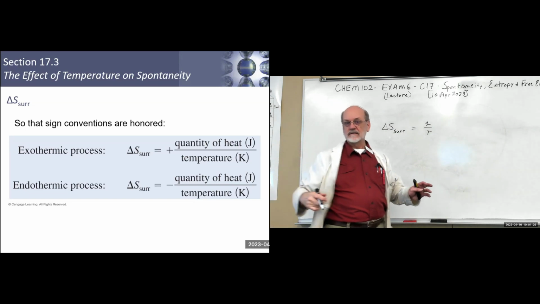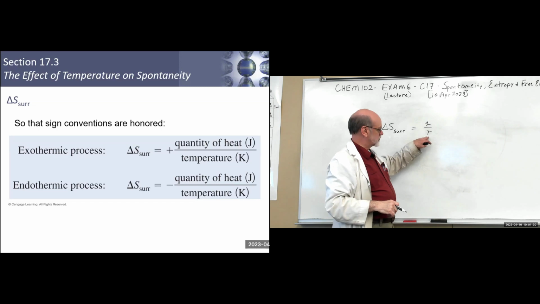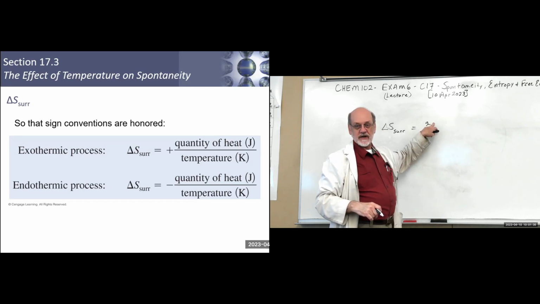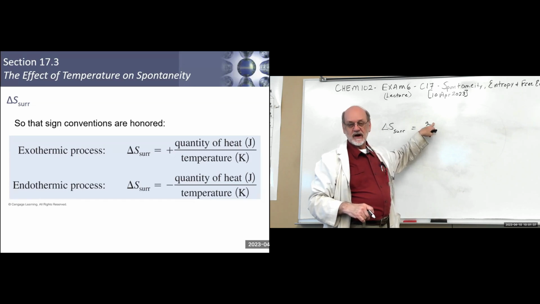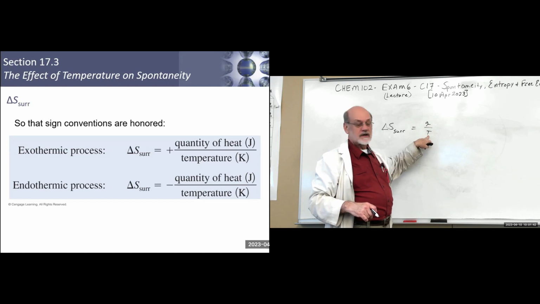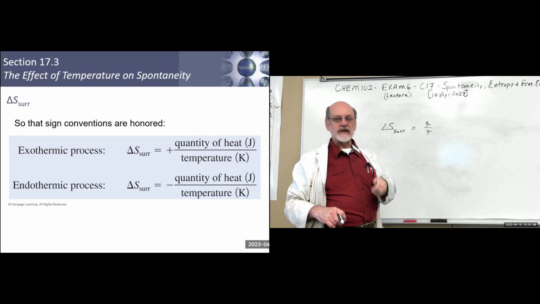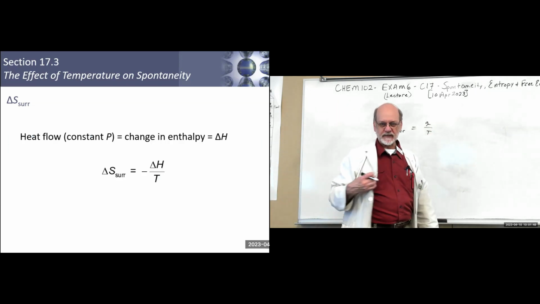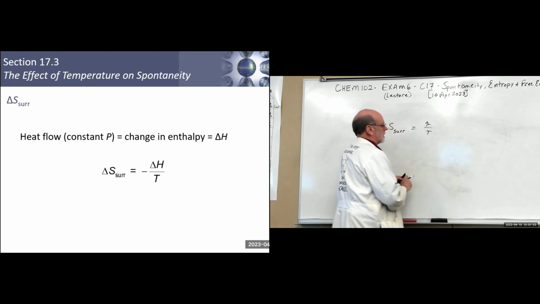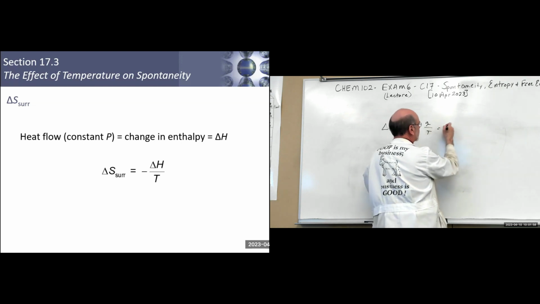Does that make sense? If we're starting at a temperature that's high, then the heat transfer has less effect on the delta S of the surroundings. If we start off with a temperature that's low, then this value has a greater effect on the entropy of the surroundings. Okay, so notice that we're using enthalpy here.